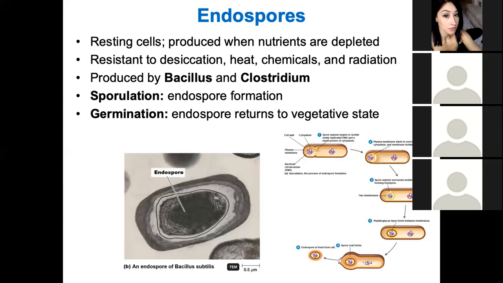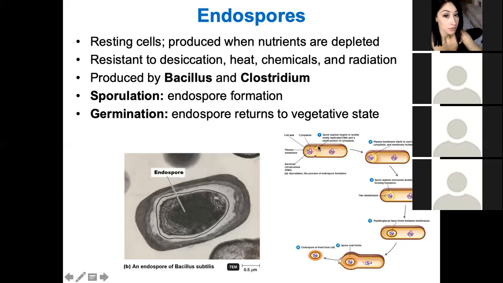But especially when conditions begin to deteriorate, when nutrients become impoverished in the environment, and when waste products increase in concentration, when growth and reproduction start to get difficult, these cells divide unequally.